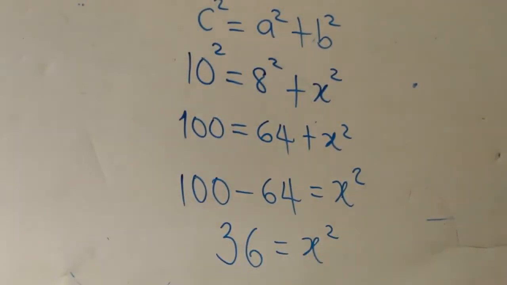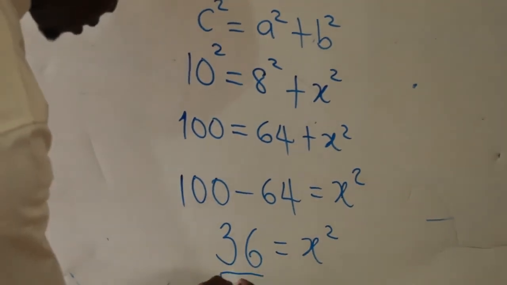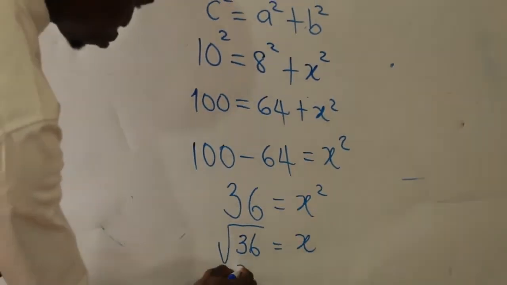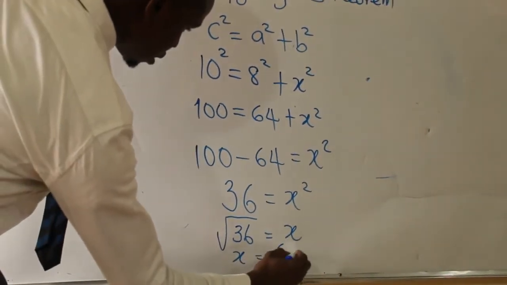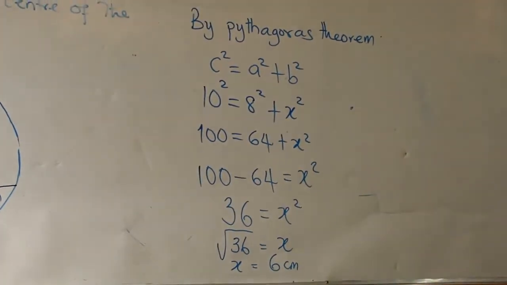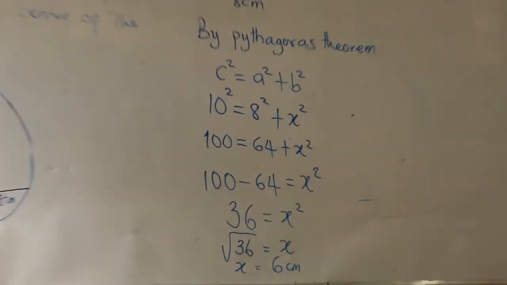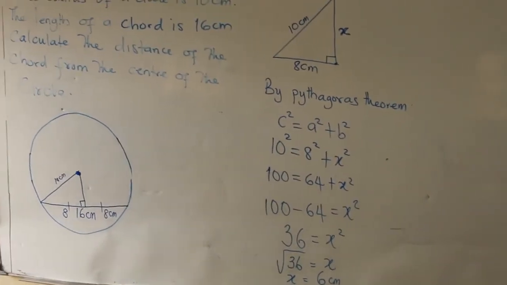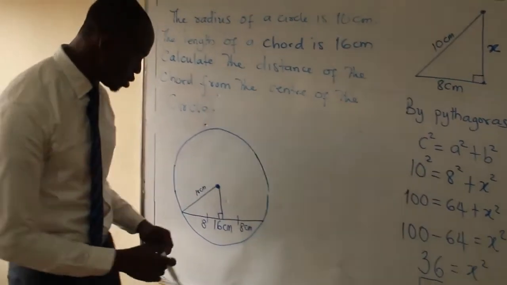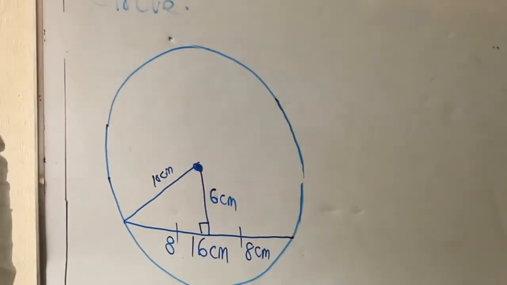We have now that 36 is equal to x squared. Then the square root of 36 becomes equal to x. And the square root of 36 is 6 centimeters. It shows that the distance of the chord from the center of the circle is 6 centimeters. We have found what they want from us in the question.